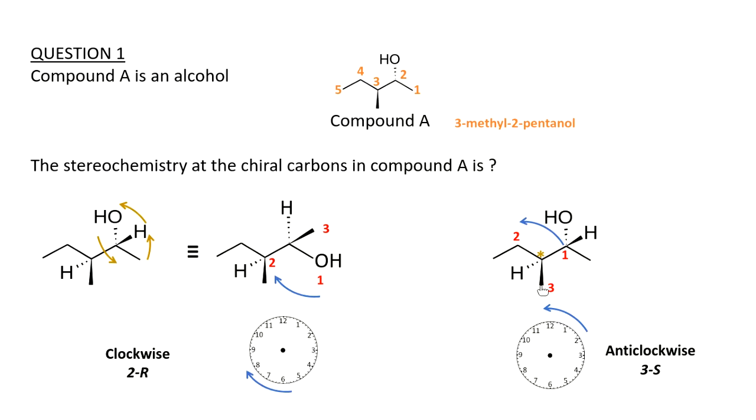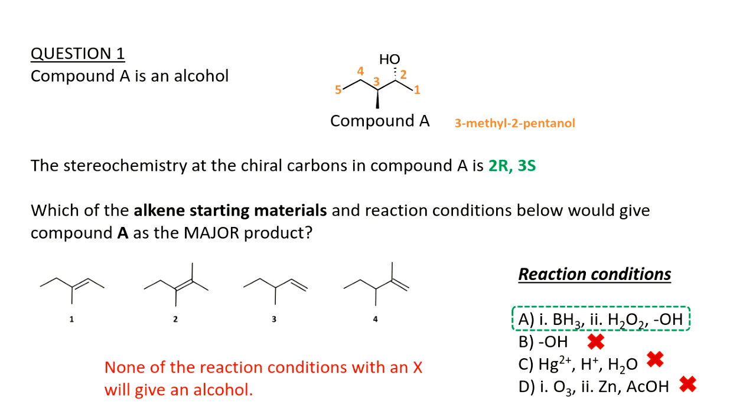So the order is now anti-clockwise, and so this is the S isomer. And so the stereochemistry for compound A will be 2R,3S. I hope that is clearer.